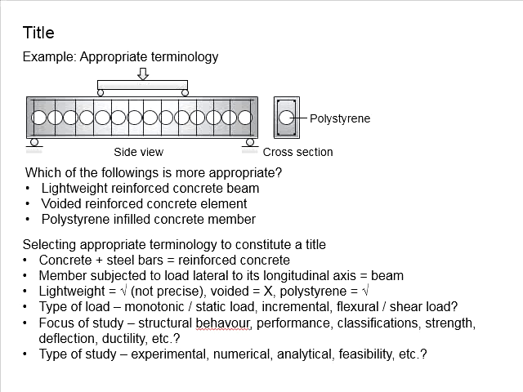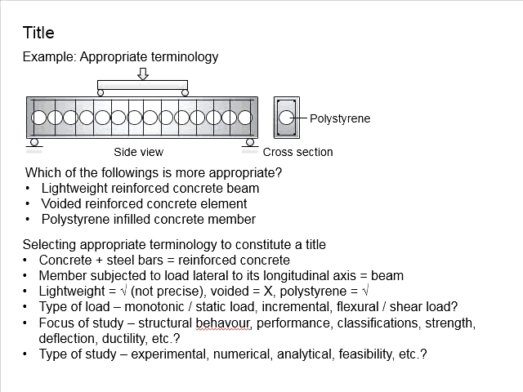Then you would like to look into the type of your study, whether it is an experimental study, a numerical study, an analytical study, or a feasibility study. Again, each of them represents a different nature of study. Experimental study is that you're going to do experiments to test the actual specimen.